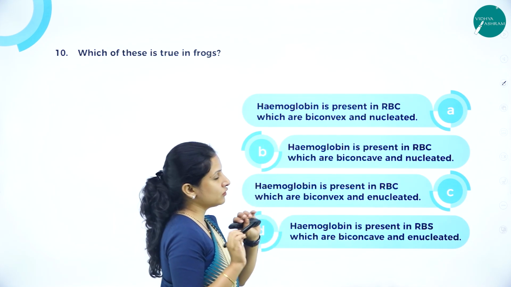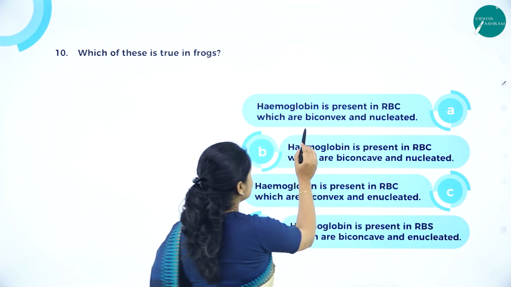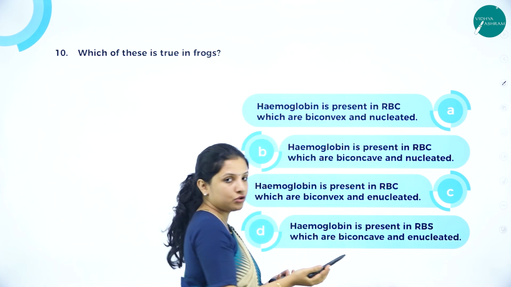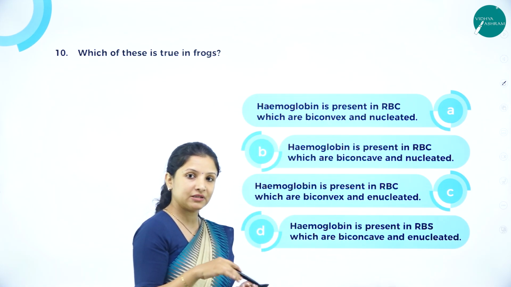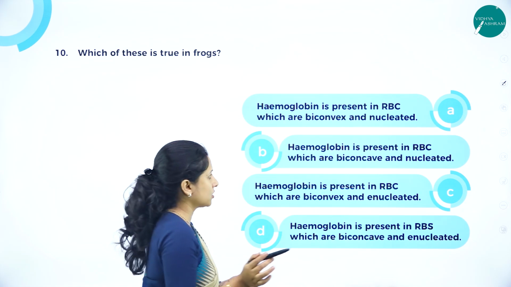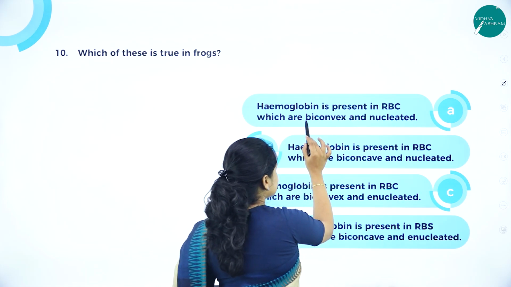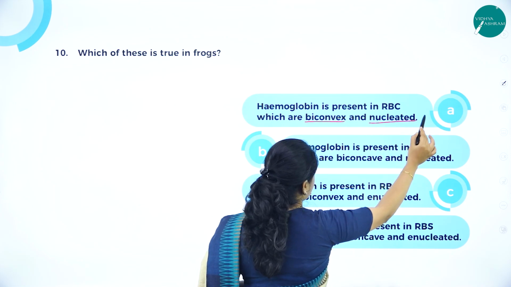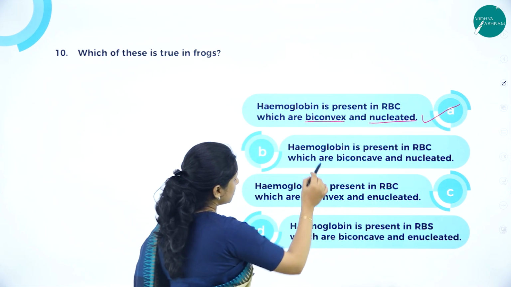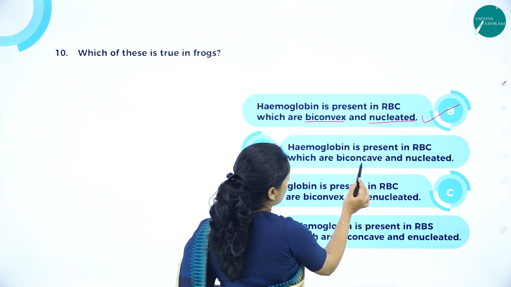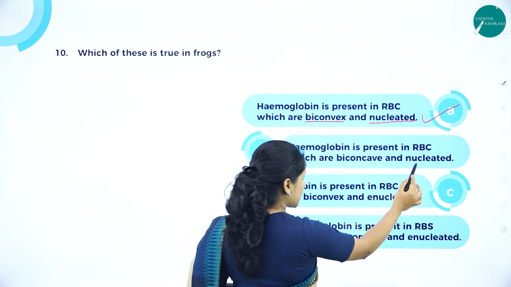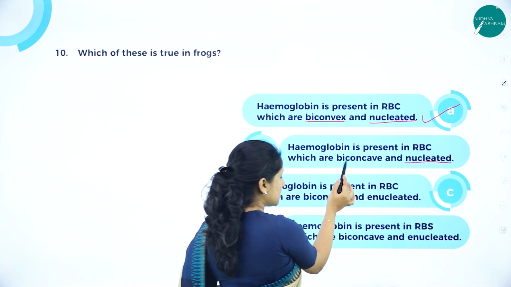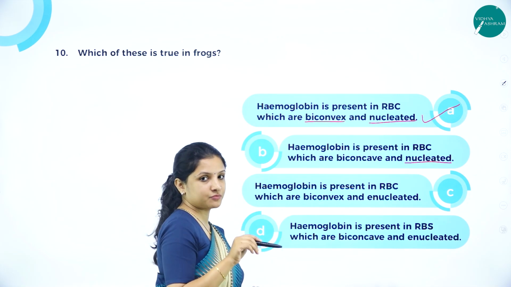So what we have to look for here is the shape of the RBC and whether it has a nucleus or not. The RBCs are biconvex and nucleated, so this option is correct. Next, biconcave and nucleated: nucleated is correct, but the shape is not biconcave because it is biconvex.